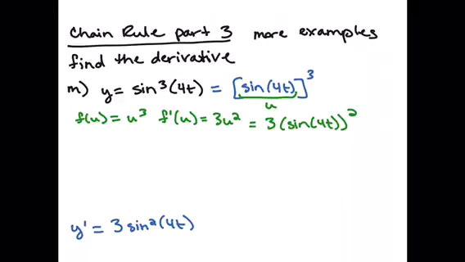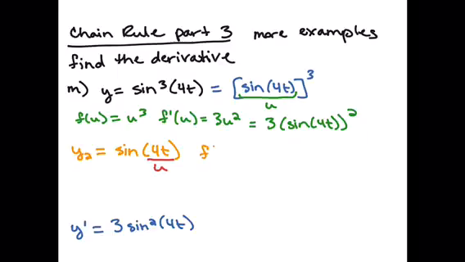Our next innermost function is going to be our u, and we're going to rewrite that as a second function, y2 equals sine of 4t. Then I see another chain rule, and we'll let the 4t be our u in this case.